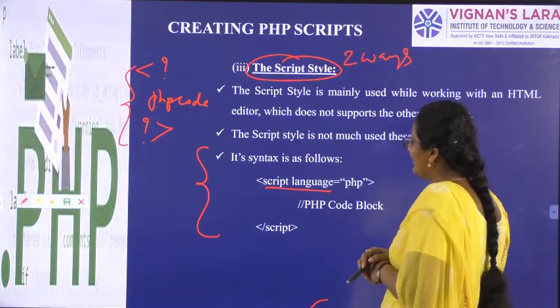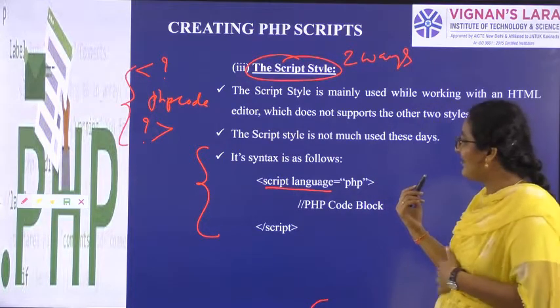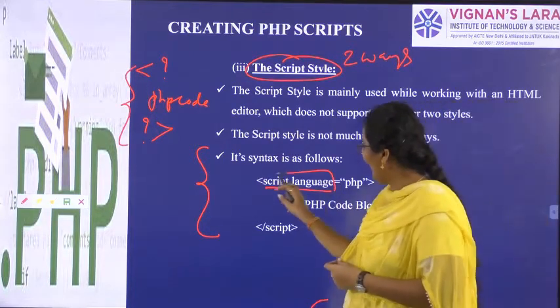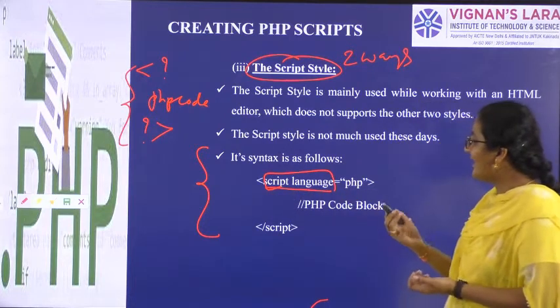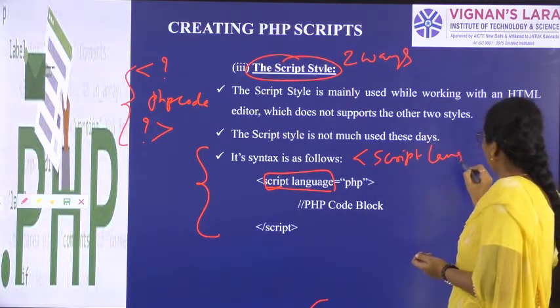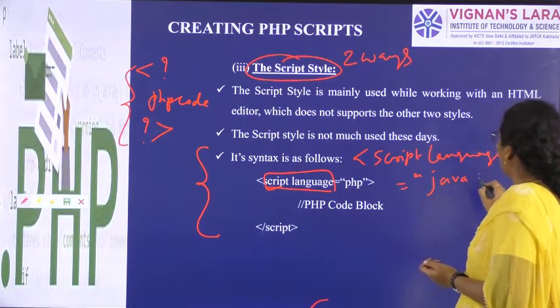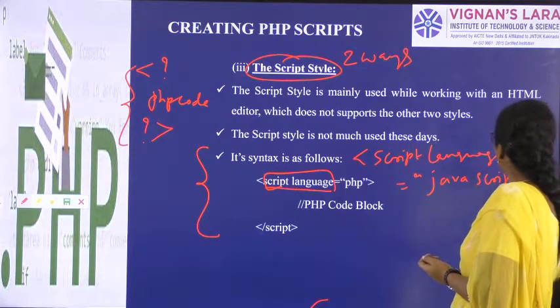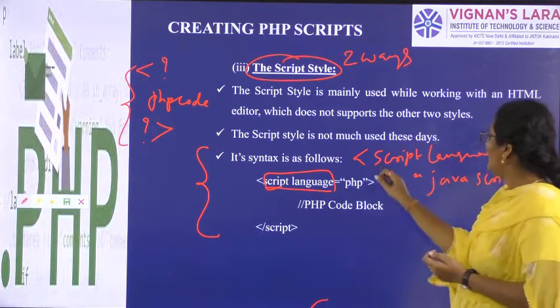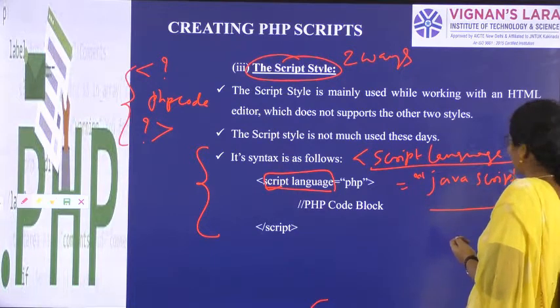For that, what syntax do we have? Like before, how we used the syntax of JavaScript, we are using a scripting language element here. In the second unit, we used to write script language equal to double quotations JavaScript. If you remember, in unit 2 we used to write like this: script language, double quotations, JavaScript, angular braces close.